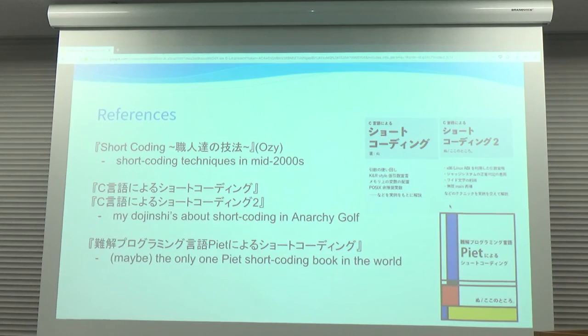So, could you tell me how you start coding Piet? Do you directly write GIF code in a text editor, or do you write equivalent code in some other language and translate it?